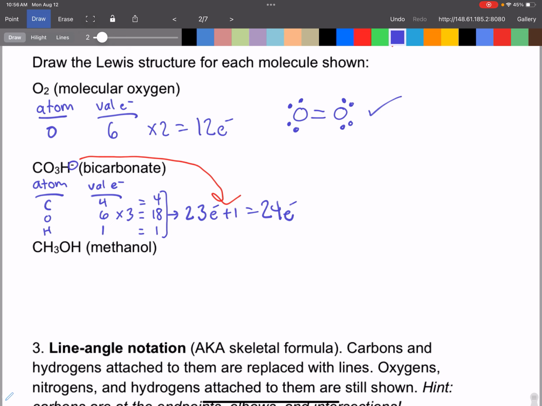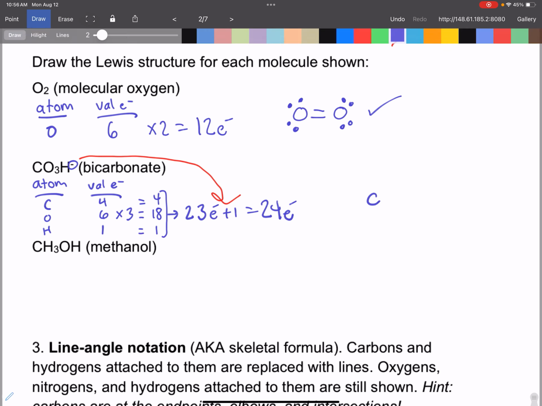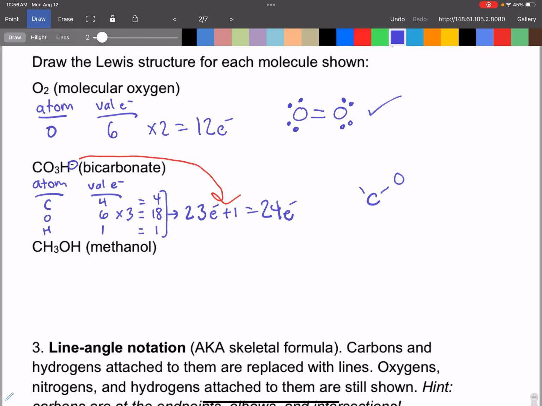And so again, especially with polyatomic ions like this, when you see multiple oxygens, chances are your carbon is going to be in the center, and you're going to have your 3 oxygens spread out like that.